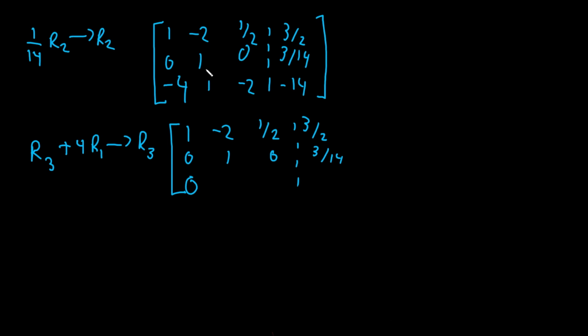Sorry about that, I made a tiny arithmetic error here. So it says 1 minus 8, which is -7, minus 2 plus 2, which is 0, and minus 14 plus, well, 12 over 2 is 6. So this will become -14 plus 6, and that should just be -8.